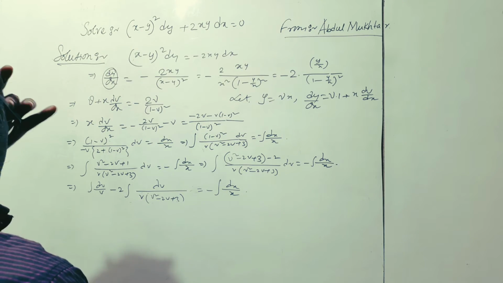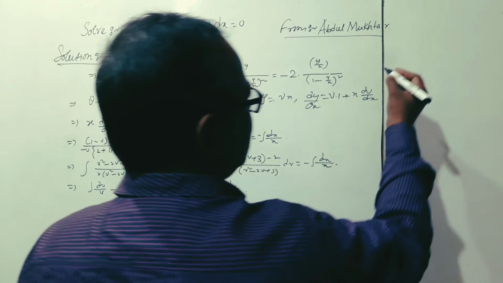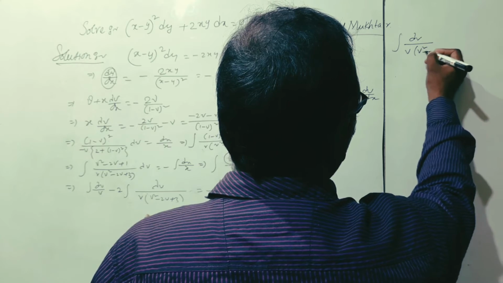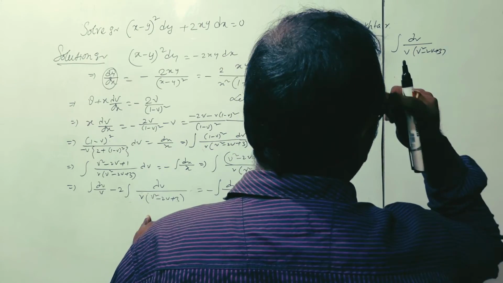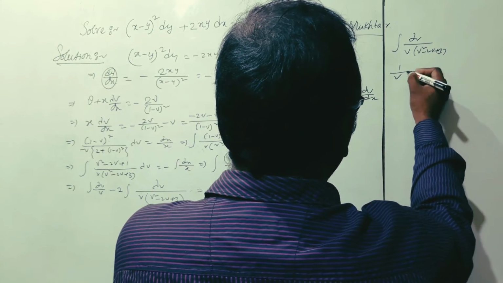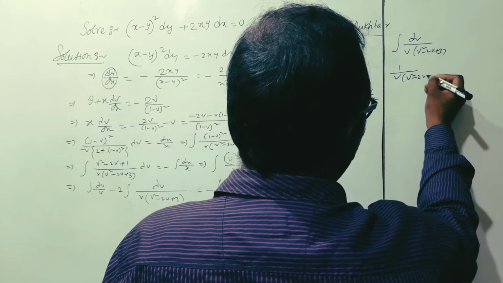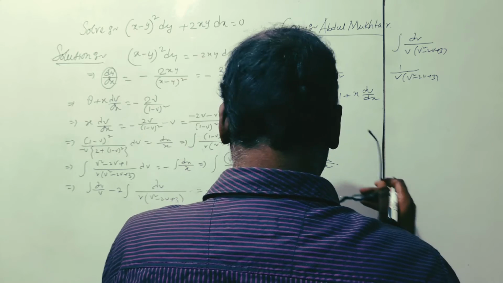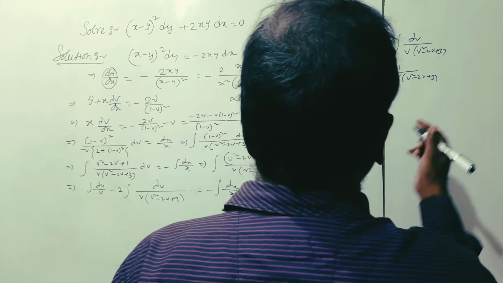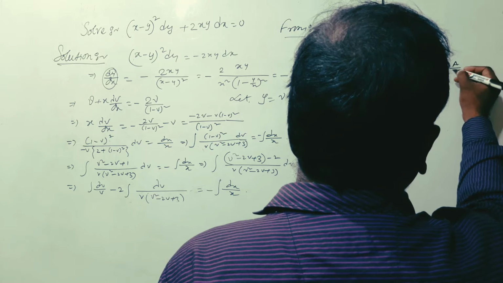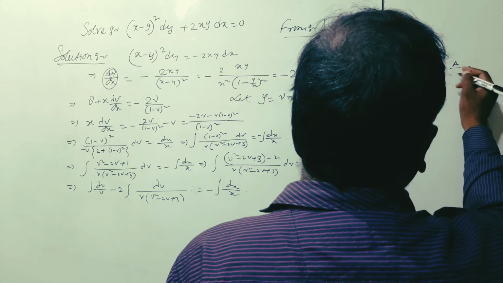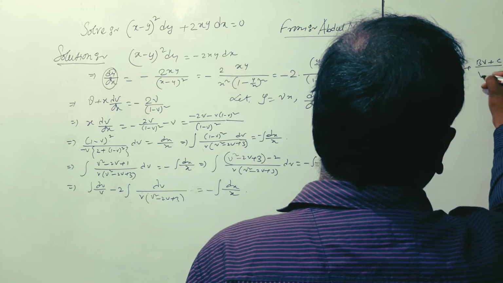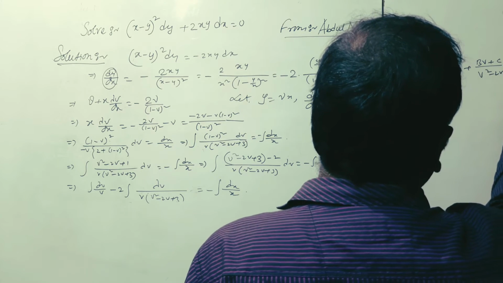So this would be a partial fraction, that is dv by v and v square minus 2v plus 3 here. So 1 by v into v square minus 2v plus 3 is equal to a by v plus bv plus c by v square minus 2v plus 3.